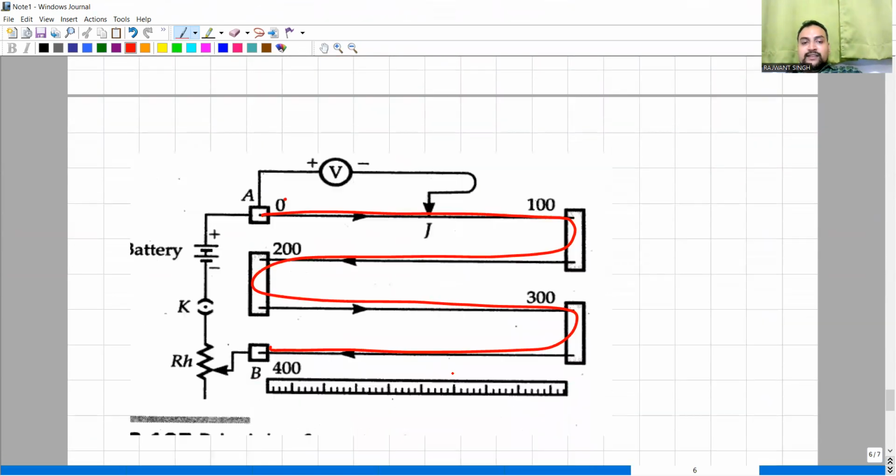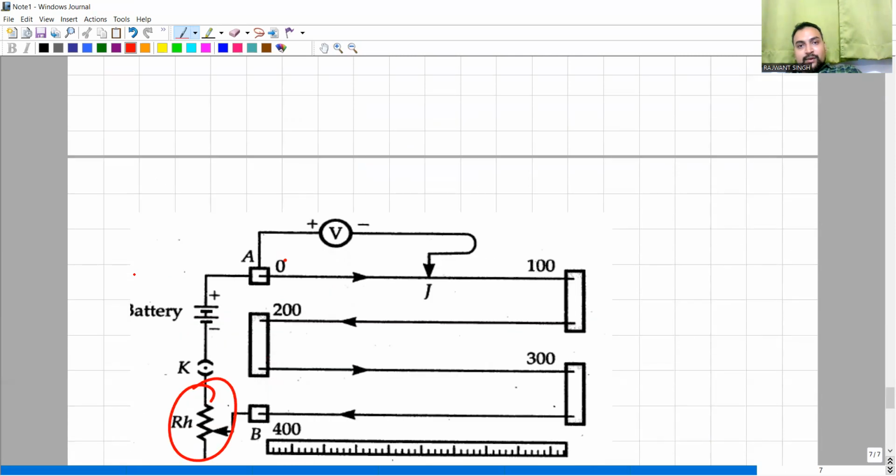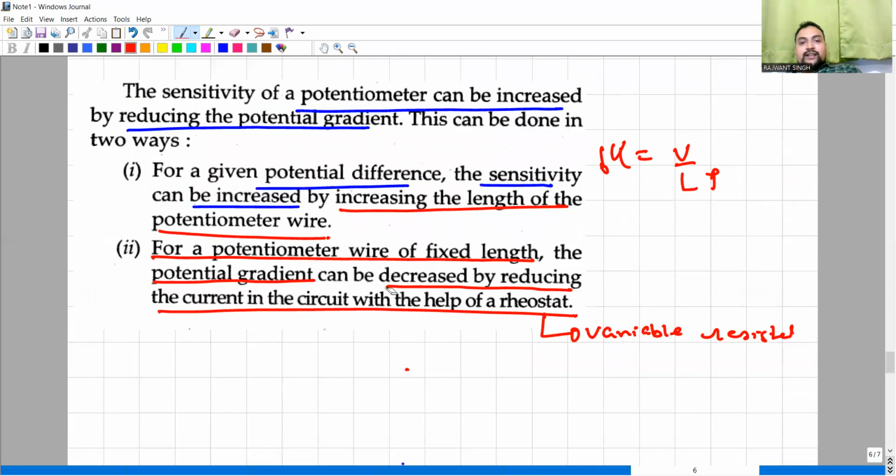But how? Let's see in the circuit, this is a rheostat. Now it is getting very clear why this diagram is there in the first place. This extra length of the wire is increasing the sensitivity, and this resistance here is doing the same: it decreases the current in the circuit with the help of the rheostat.